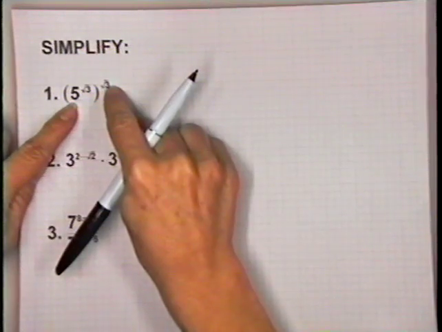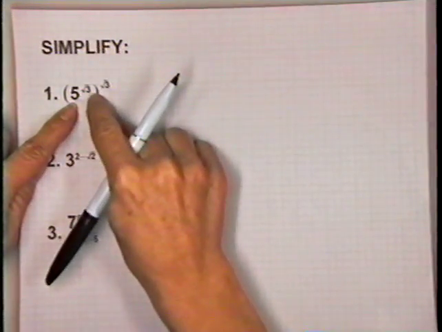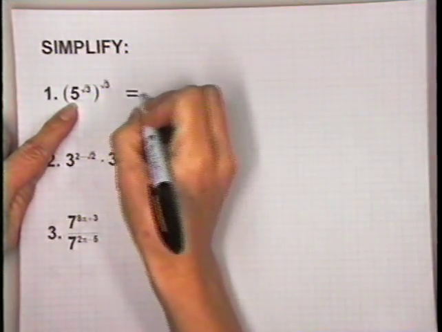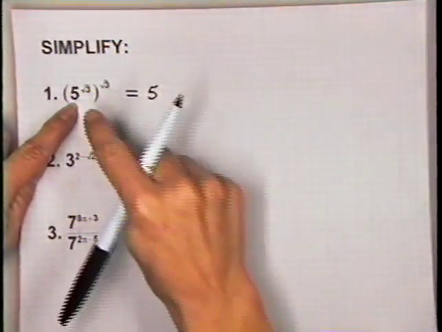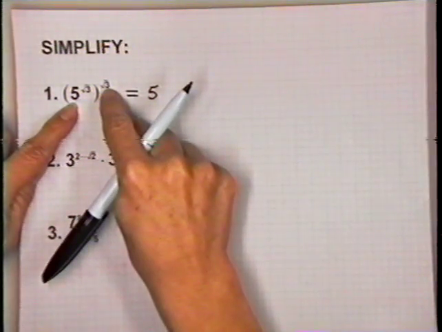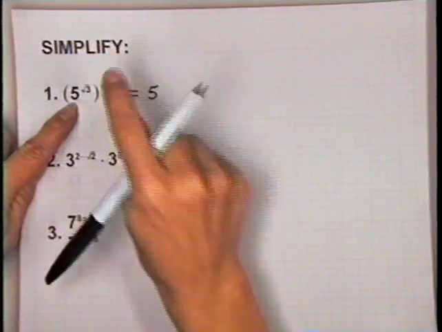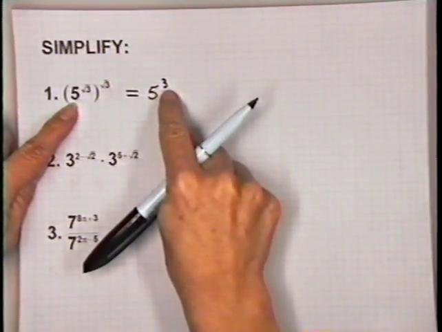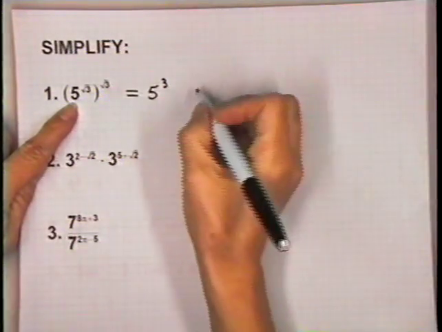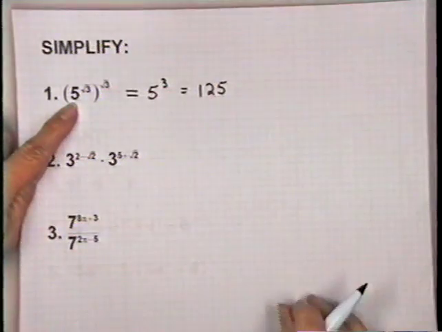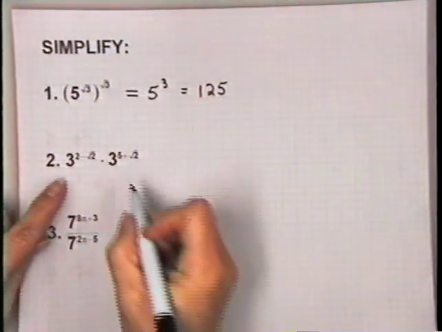So our rule is when we have a power to a power, we multiply the exponents. So this is going to equal our base of 5. When I multiply the square root of 3 times the square root of 3, I get 3, don't I? So multiplying my exponents, I get a new exponent of 3. And then we know that 5 cubed is 125.